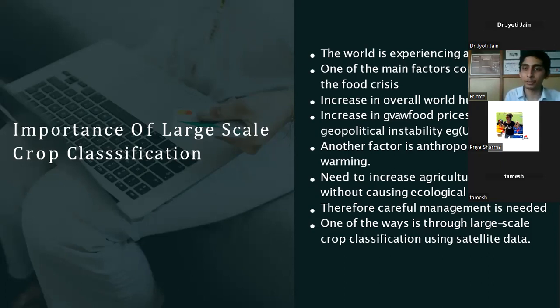Therefore, we need to carefully manage and shepherd the natural resources. And one of the ways to do so is through crop classification using satellite imagery. Therefore, we have gone through around 12 or 13 studies, carefully selected them on the basis of quality, and conducted a review.